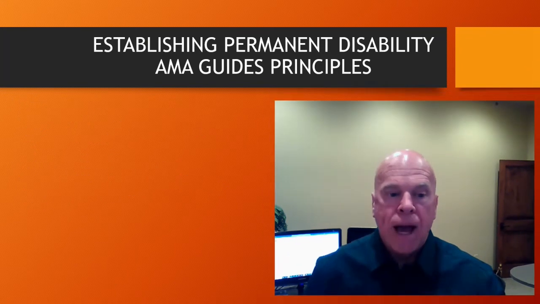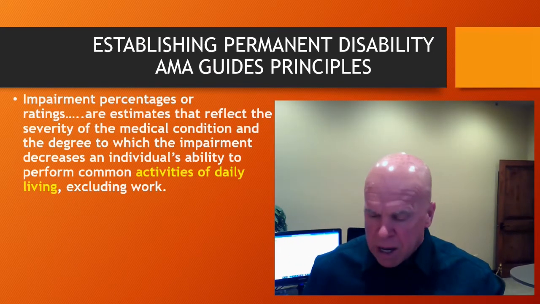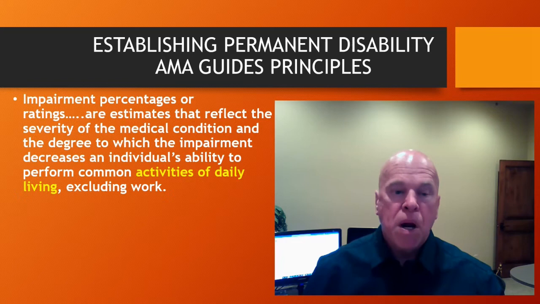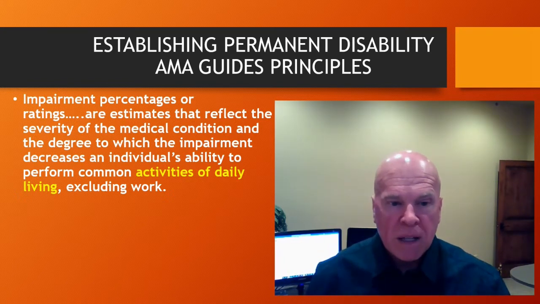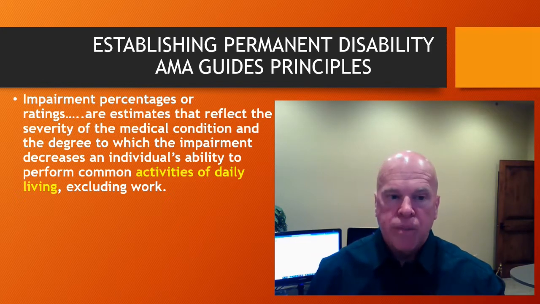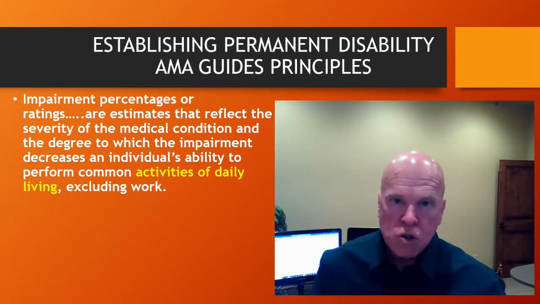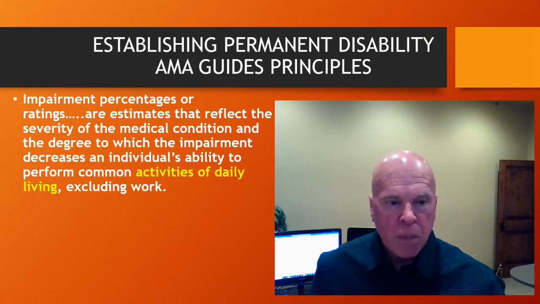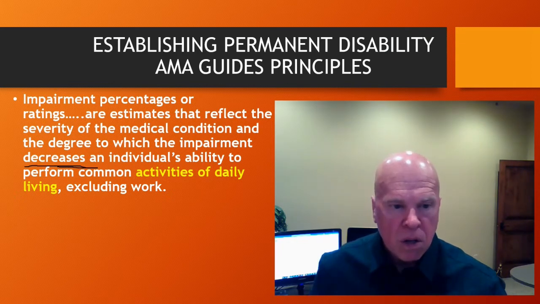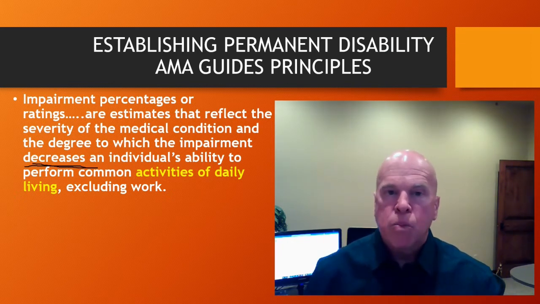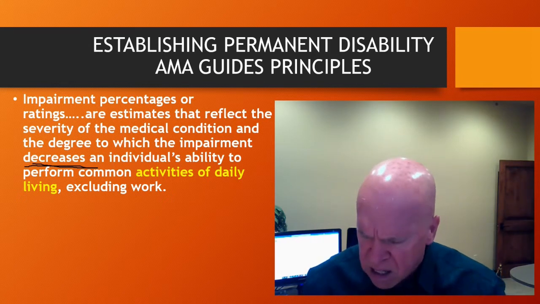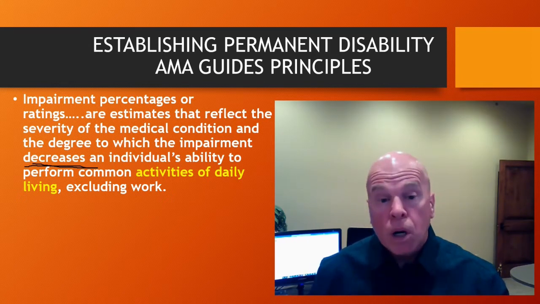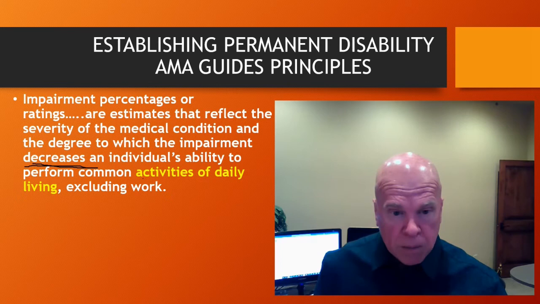Now the guides continue to tell us that these impairment percentages or ratings are estimates that reflect the severity of the medical condition and the degree, and this is critical, the degree to which the impairment decreases an individual's ability to perform common activities of daily living, excluding work. So here we see reference again to activities of daily living.